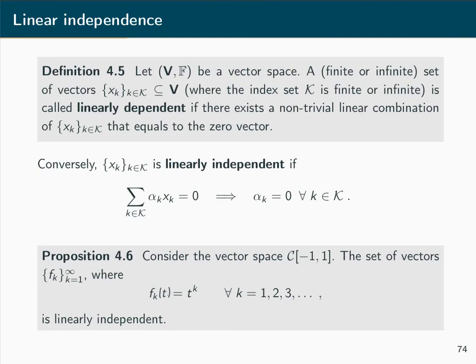In this case, on the space of continuous functions on the interval -1 to 1. We take the functions fk of t to be the corresponding powers of t. So f1 of t would be the function t, f2 of t would be t squared, f3 of t, t cubed, and so forth. And in proposition 4.6, we want to show that this infinite set of vectors is linearly independent.